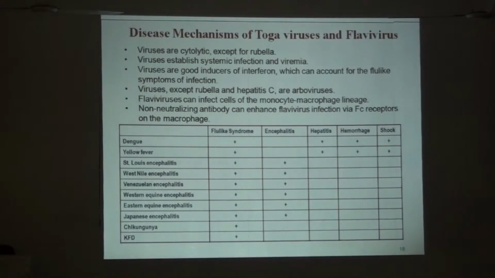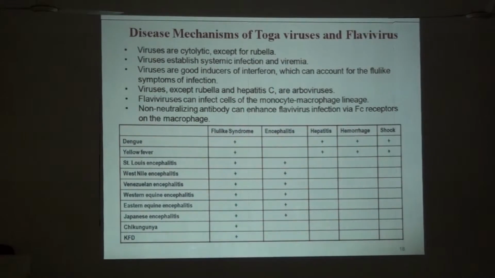What is the disease mechanism of the togavirus and flavivirus? These viruses are mainly cytolytic, and the virus establishes systemic infection and viremia. The pathogenicity depends upon the multiplication of the virus and the site of infection. These viruses are good inducers of interferons, which can account for the flu-like symptoms of the infections.